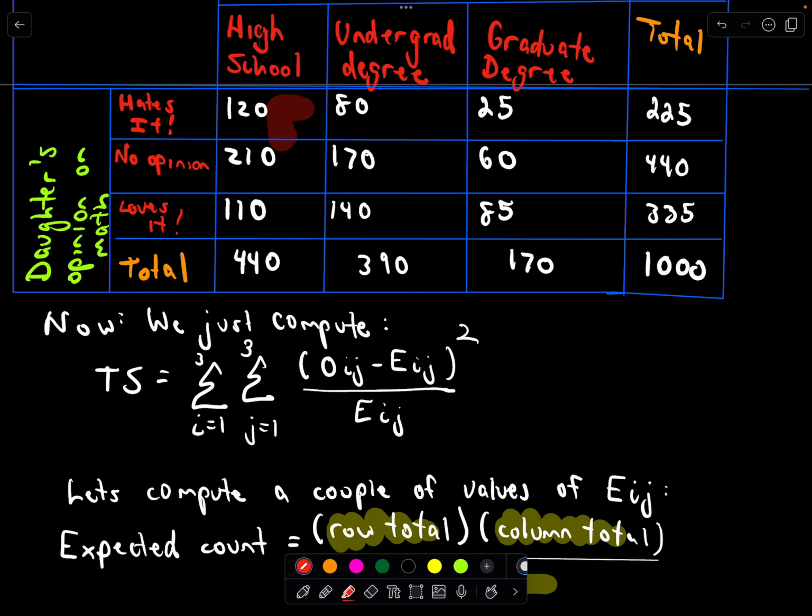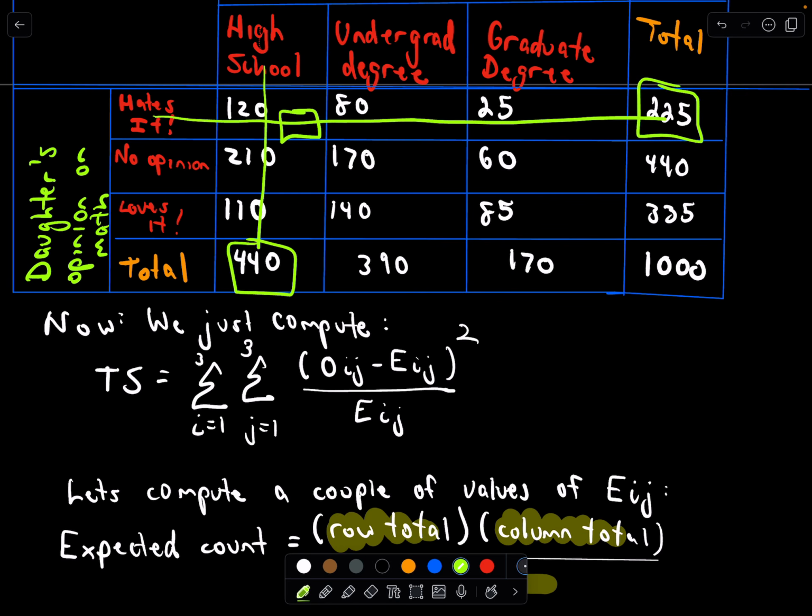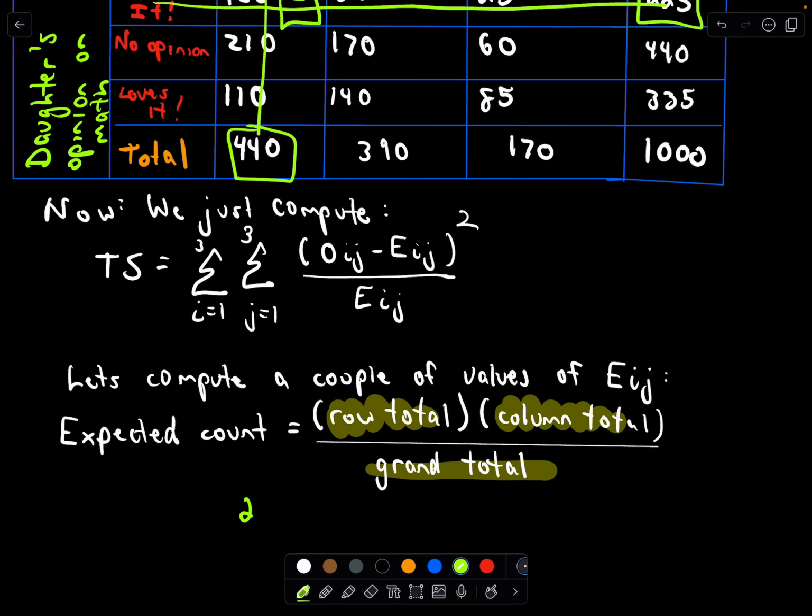Okay, so suppose I want to figure out the expected count. Based on my data, how many mom-daughter pairs would I expect to have at most a high school degree, and their daughter hates it? Well, we just look at that column total and that row total, and multiply those two values together.